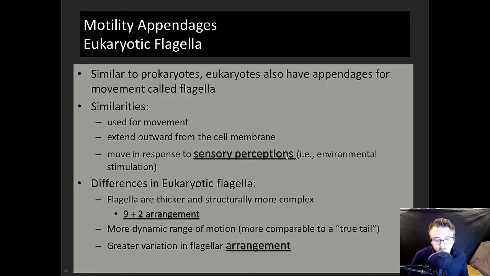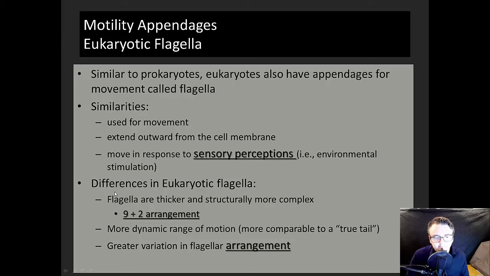These, much like the prokaryotes, respond to sensory information. So they get stimulation from, say, light, or they can get stimulation from chemicals. And these will trigger movement either towards or away from some sort of environmental stressor, whether it be the light or the chemicals.